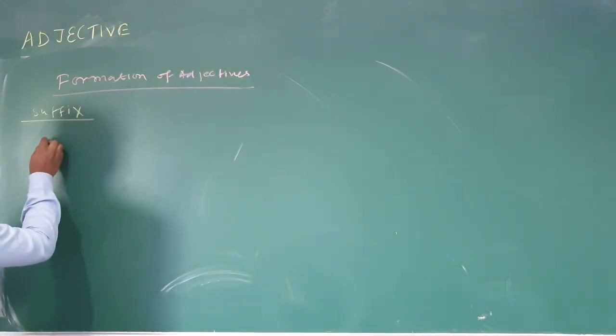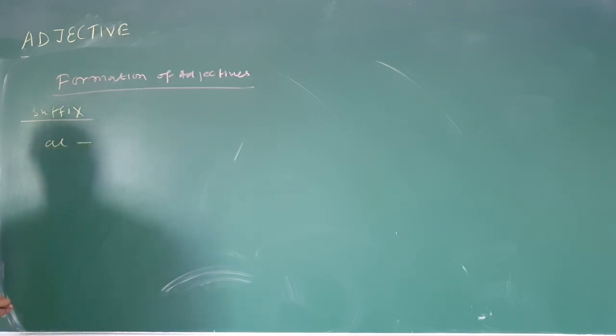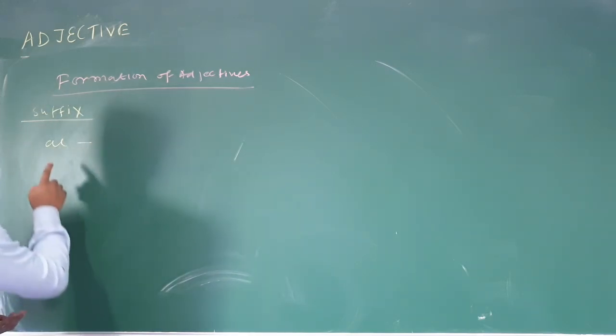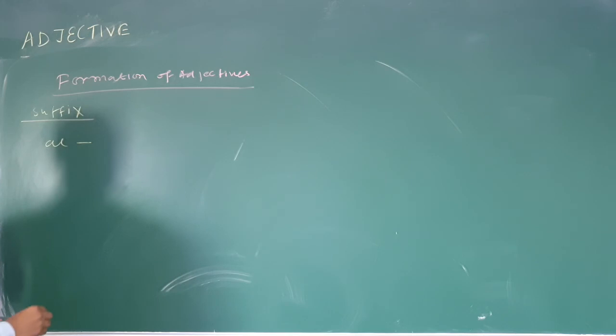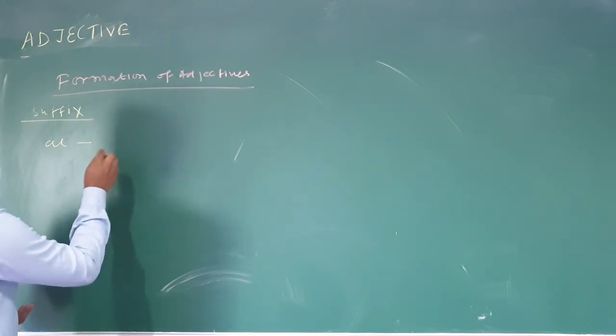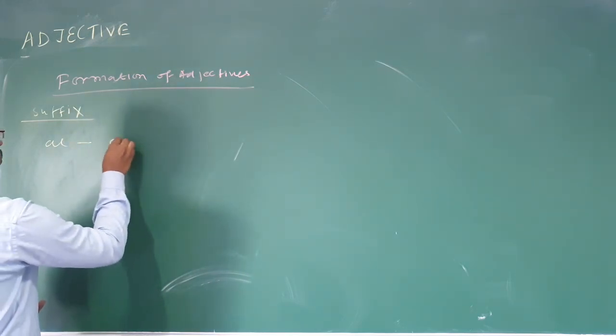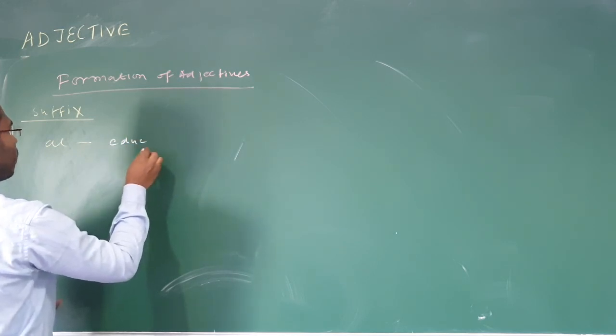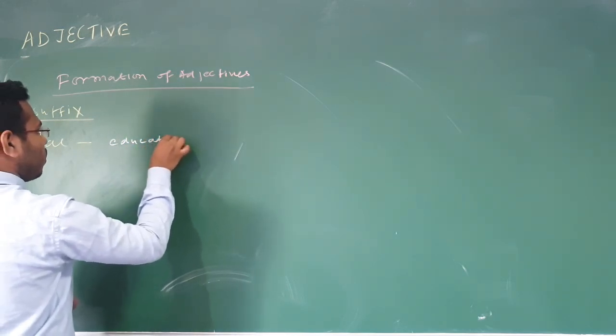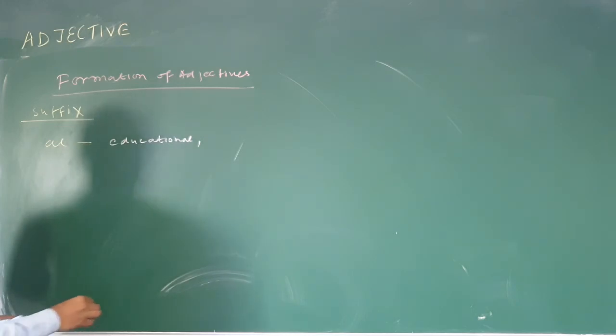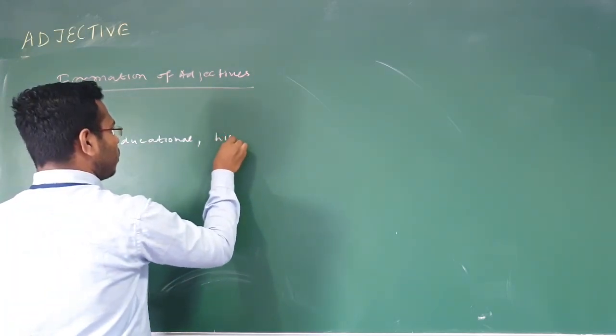For example, if I say al, if we add this al to any word, let's say education, so we are making it adjective, educational, right? History, so we can make historical.